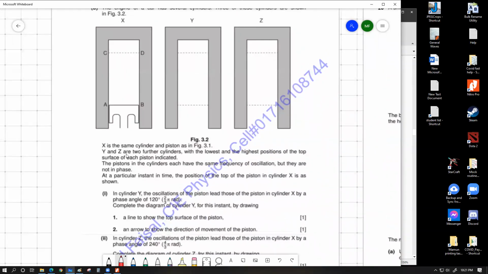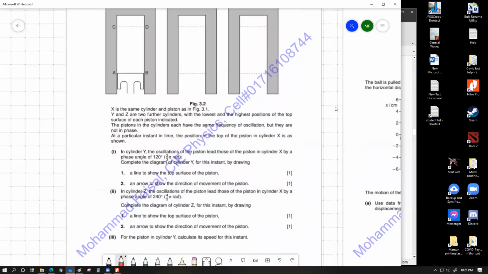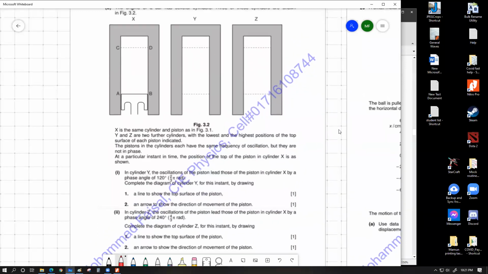X is the same cylinder. I need to zoom out a bit more to see the whole thing. Okay. X is the same cylinder and piston as figure 3.1. So this is the first question. This is the scenario that we have worked upon.